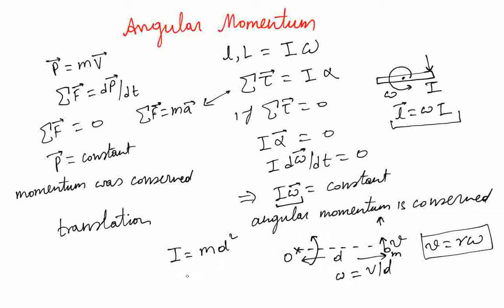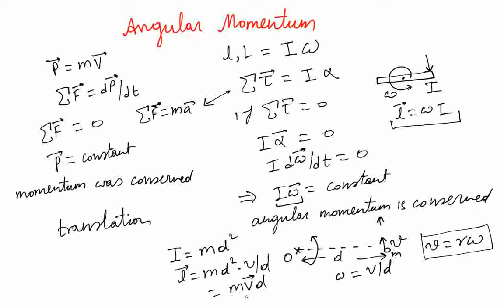So your angular momentum L is going to be m d squared multiplied by v over d, and that gives us m v d as the angular momentum. Because v is a vector, and d is the magnitude of the radial distance between the axis and the particle, L is a vector.